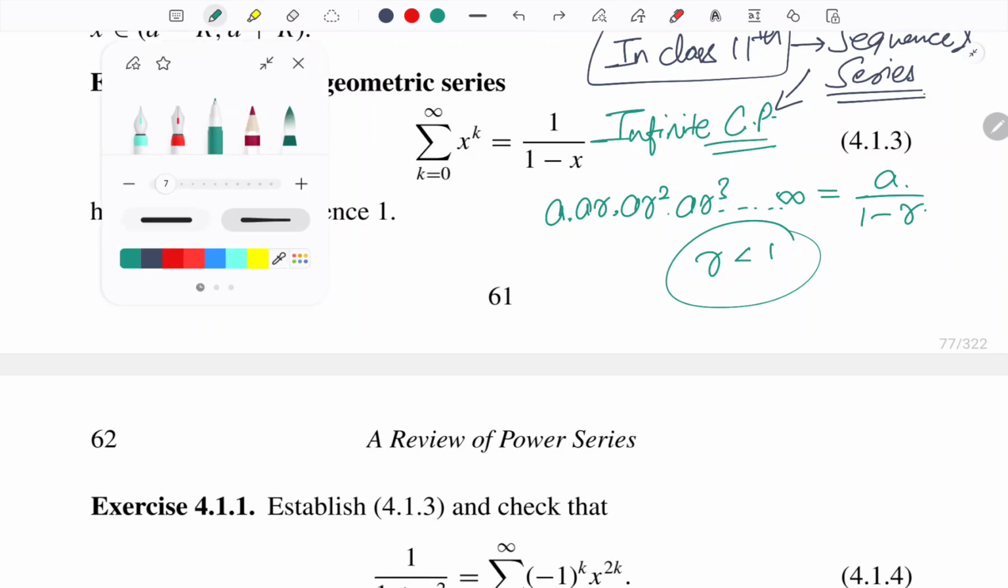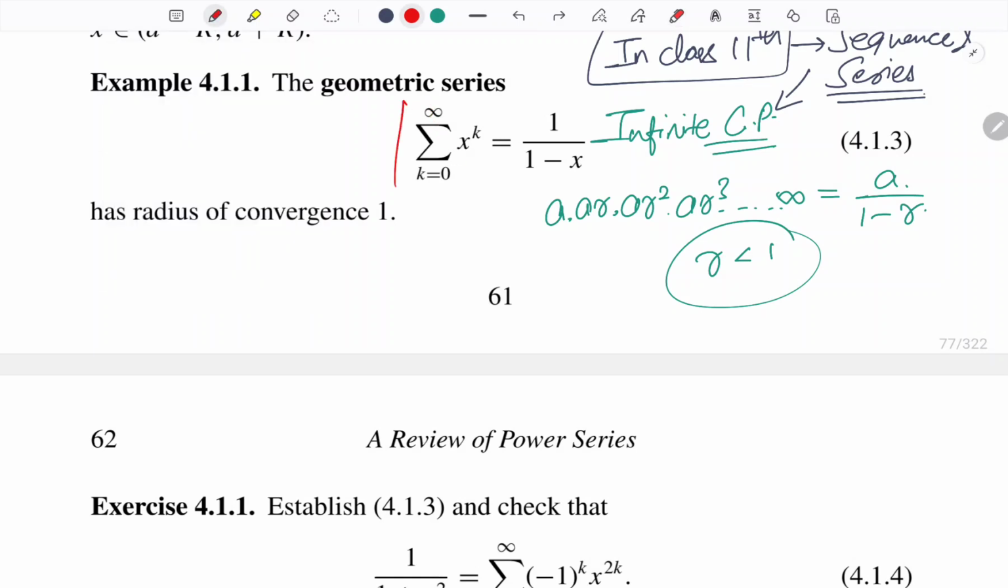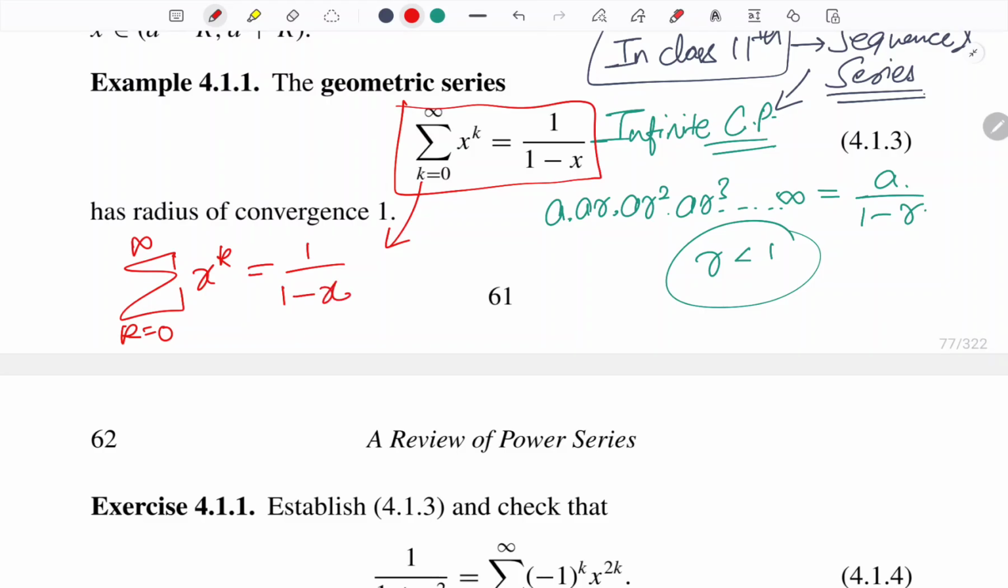Just have a look at this. The infinite series from k equals 0 to infinity of x to the k is 1 over 1 minus x. Wow, this is crazy, right? Let's put x as -1 to make our life easier.